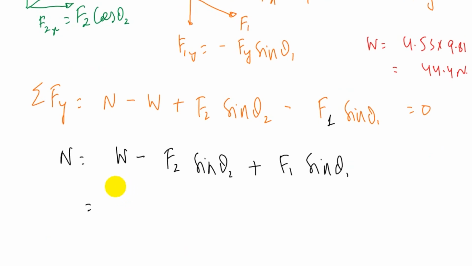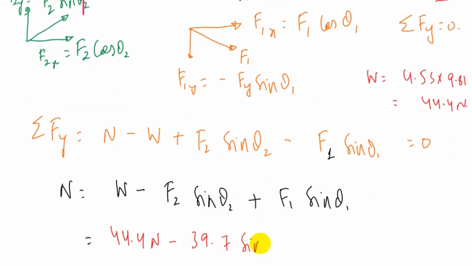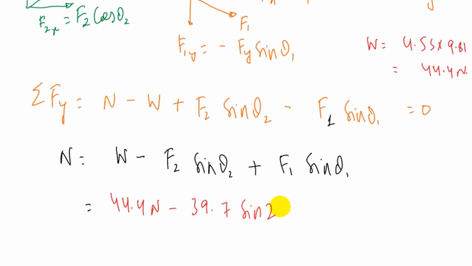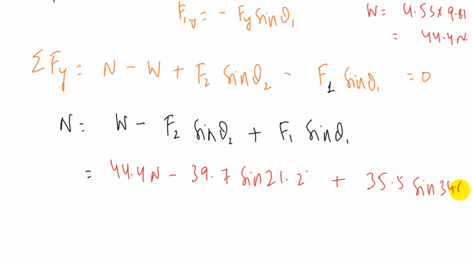So we can put it here, weight is 44.4 Newton minus F2, F2 is 39.7, sine theta 2 is 21.2 degrees, then plus F1 is 35.5, sine theta 1 is 34.6. On solving we'll get the normal force to be equal to 50.2 Newton. Now here we see that the normal force is greater than the weight force. Thus we can say that the normal force can be greater than, less than, or equal to the weight of the object.